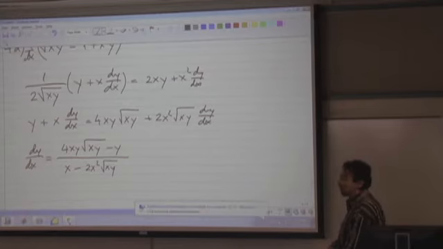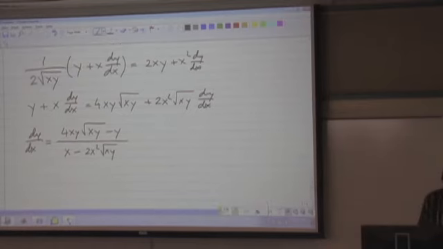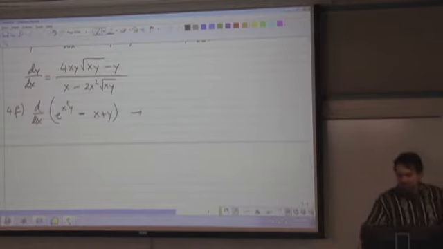Okay, what else? So, oh, sorry, set F. E to the x squared y equals x plus y. So again, if we take derivatives of both sides, we end up with, what do we get on the left hand side?